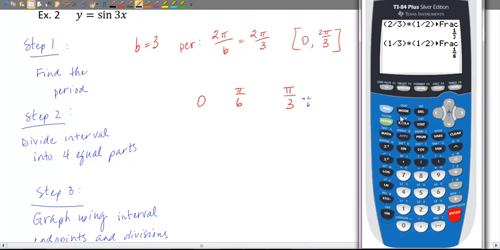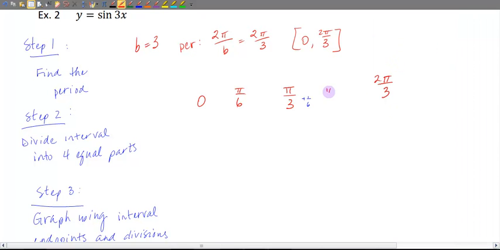So I have 1/3, or pi over 3, plus 1/6. Math, frac, enter, and that's 1/2. Okay, pi over 2.